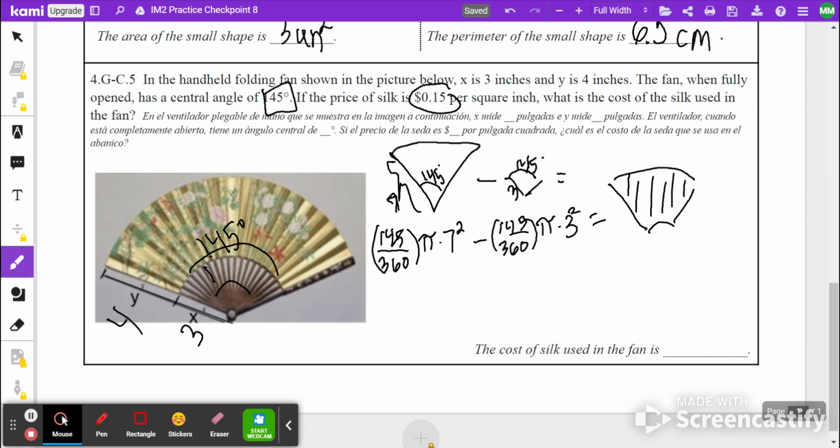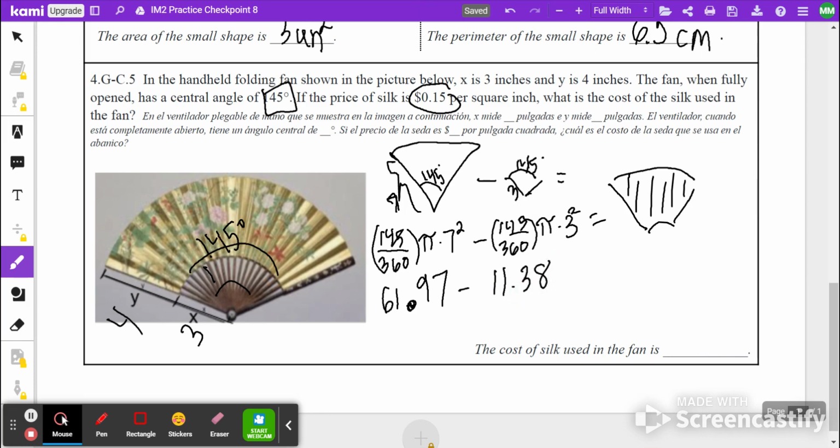And I'll multiply that area by the price of silk. Okay, calculator time. 145 divided by 360 times pi times 7 squared is 61.97. From that, I subtract 145 divided by 360 times pi times 3 squared, 11.38.